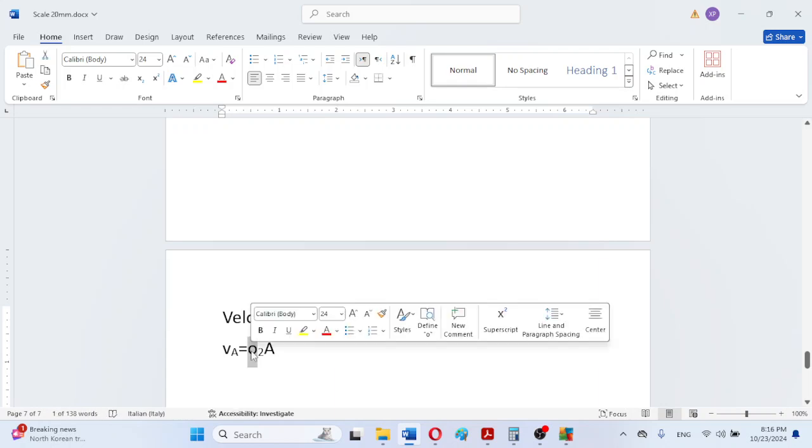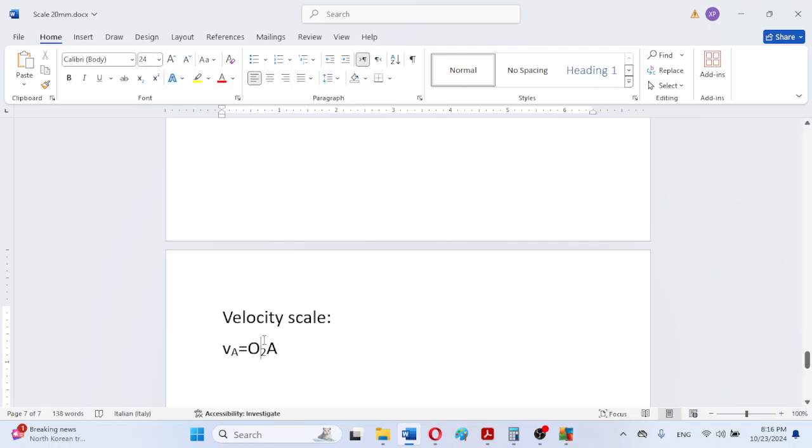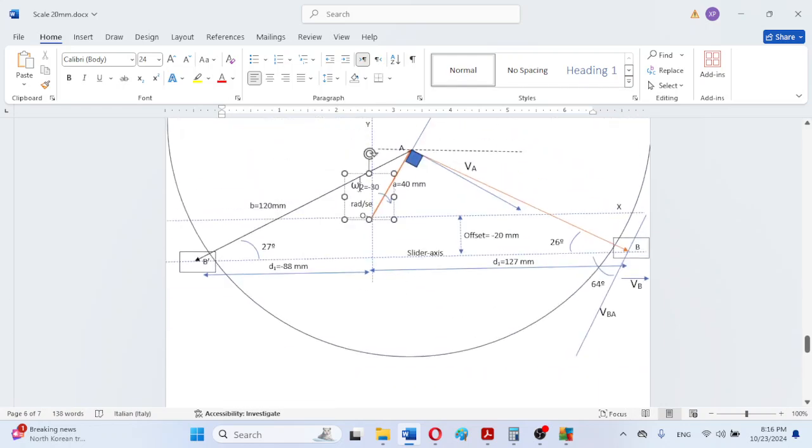O2A, this is the velocity VA, multiplied by omega 2, which can be copied from here.